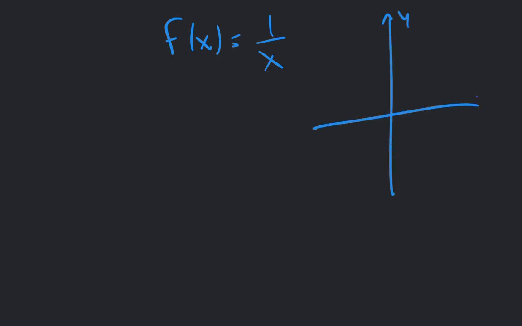For example, if we have f of x is equal to 1 over x, and when we graph this, it's in this sort of shape. And clearly from the graph we can already see that the graphs go off in different directions, particularly right here and right here.